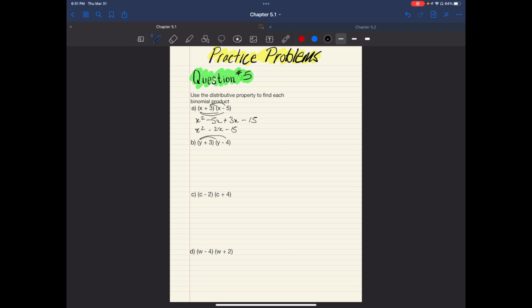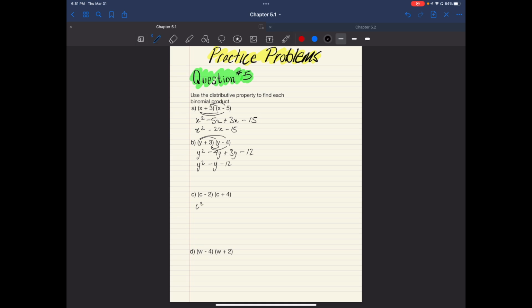Moving on, y squared minus 4y plus 3y minus 12, y squared minus y minus 12, collecting like terms there.